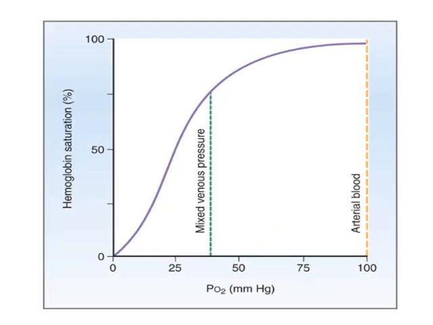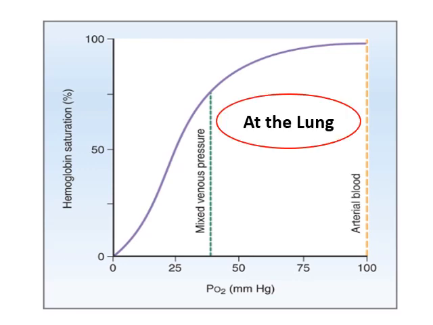Now let's describe the curve at the level of the lung. In the lung, the partial pressure of oxygen is 100 mm mercury. Hemoglobin is nearly 100% saturated. That's to say, all heme groups are bound to oxygen. Due to positive cooperativity, the affinity is the highest and the oxygen is most tightly bound, giving us the flat portion of the curve.